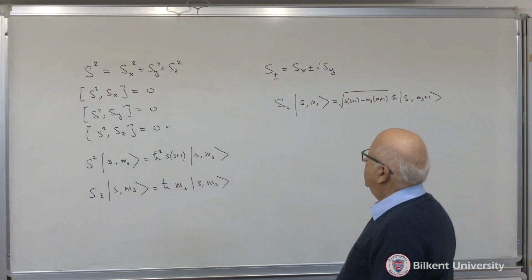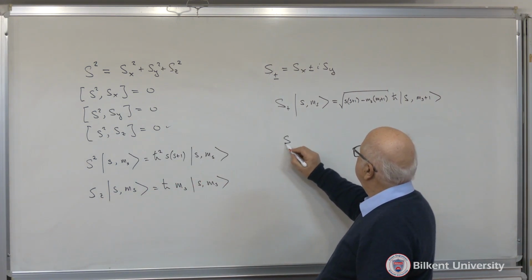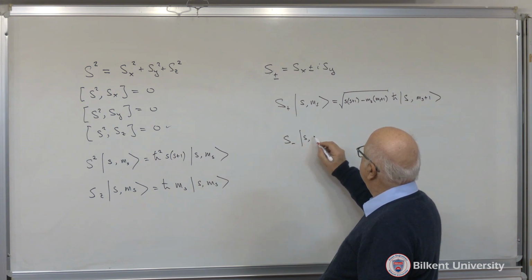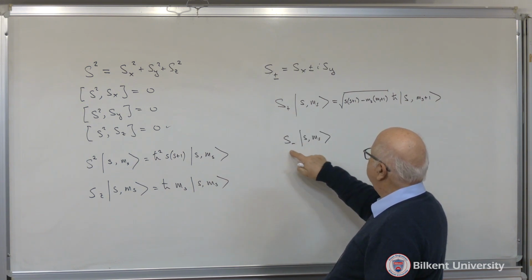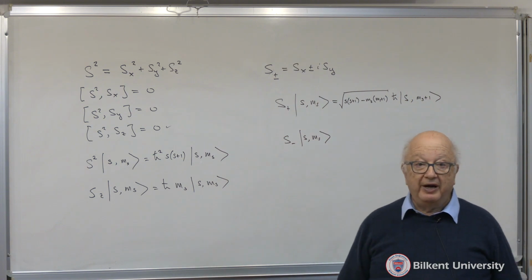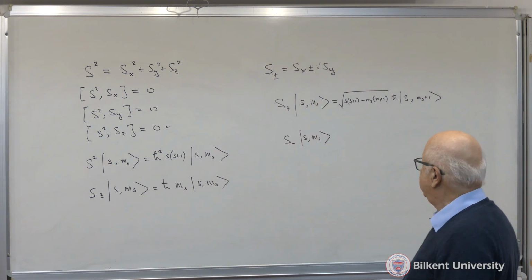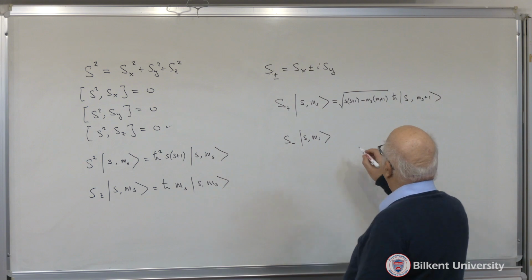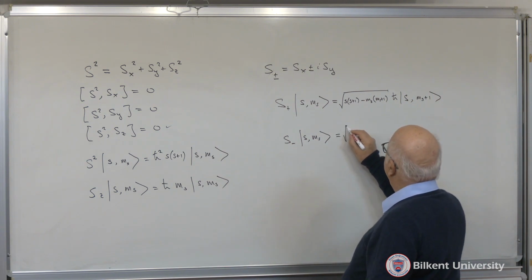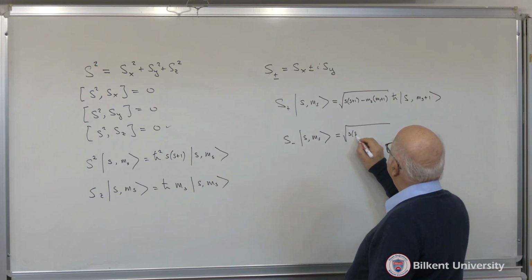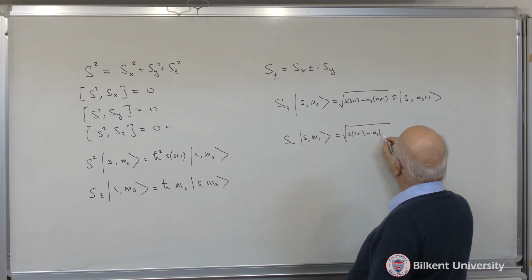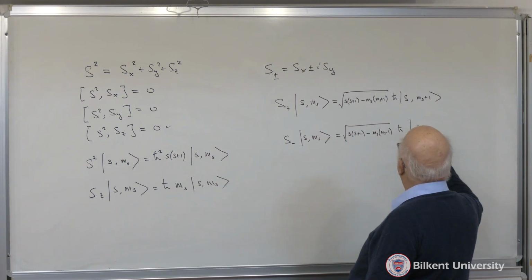And for the S minus, I have |S, ms>. If I hit it with S minus, I'm going to get a similar factor, with ms minus 1, times h bar |S, ms minus 1>.